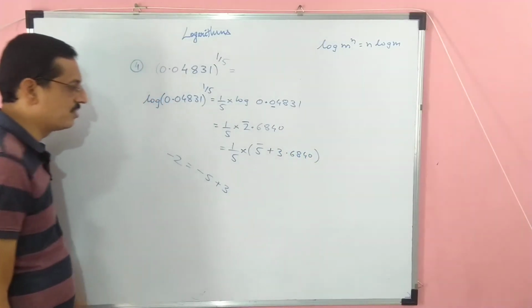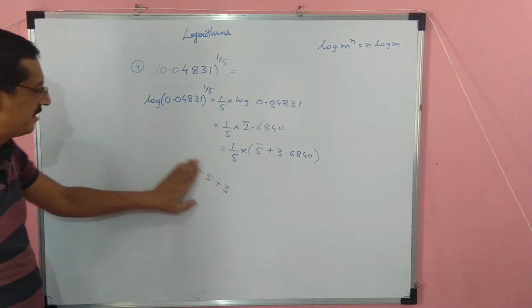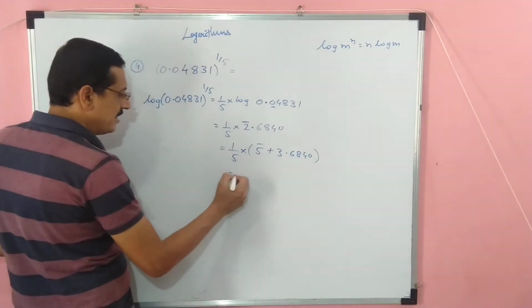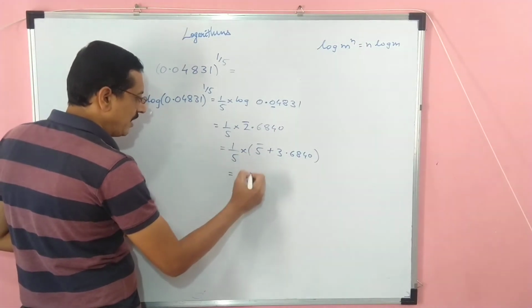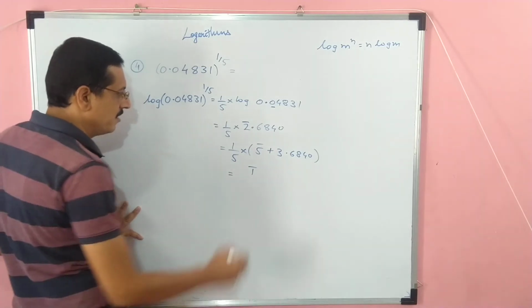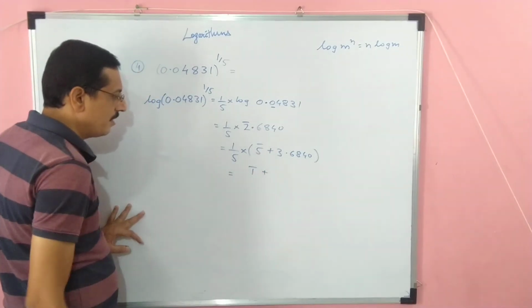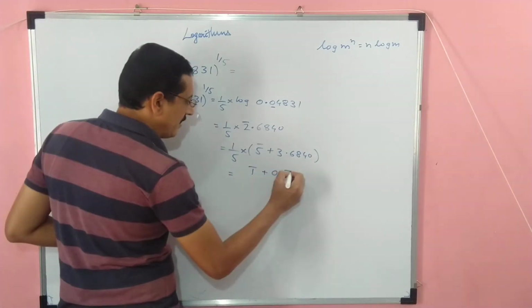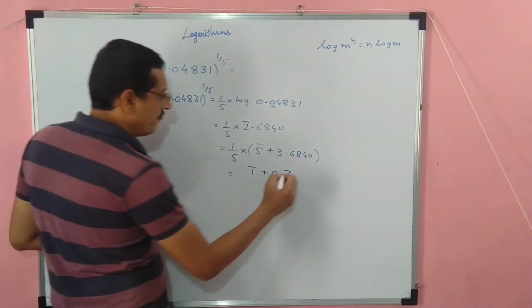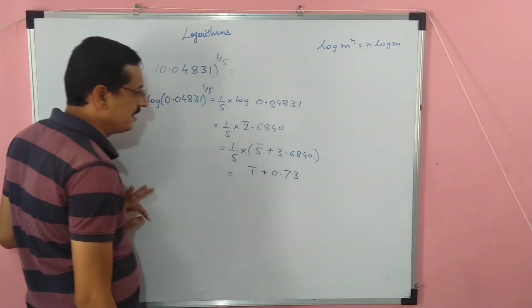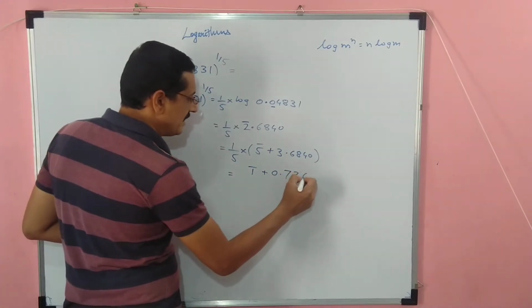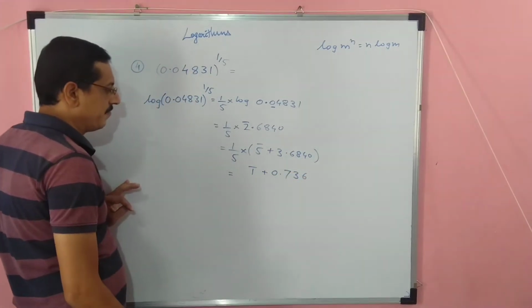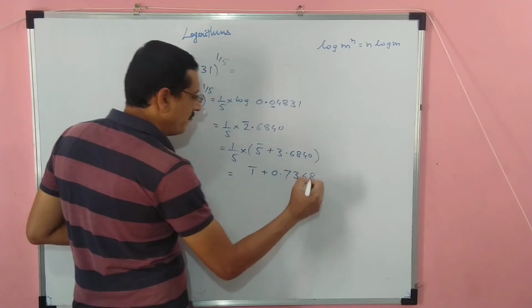0.6840 as it is, student. Now we will divide it by 5. So if I divide it by 5, this is 5 divided by 5 is bar 1 plus 0.6840 divided by 5. 5 sevens are 35, 5 threes are 15, remaining is 3. 5 sixes are 30, 4 is remaining. 5 eights are 40.